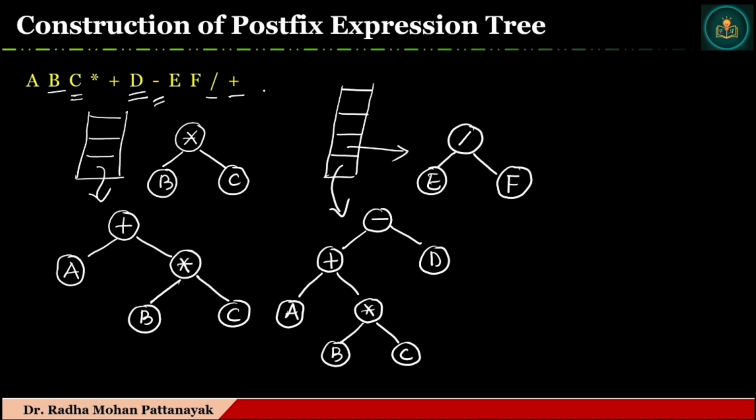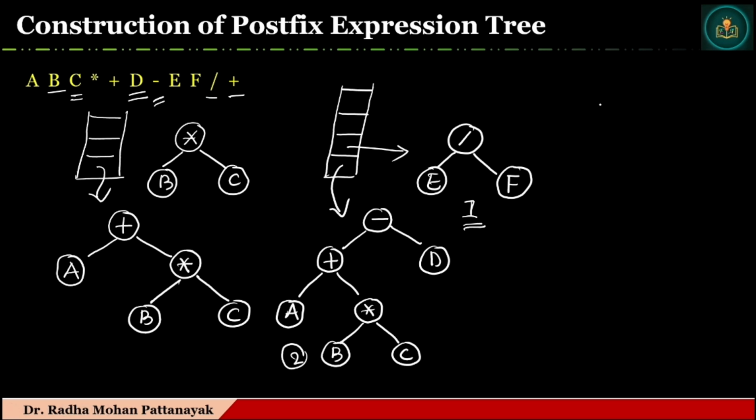Next what came? Plus. So when plus comes, what will you do? You will pop two operands from the stack and design a tree by taking these two operands and plus. Now if you see here, the two operands in the stack are this tree and that tree. This is your first operand, and this is your second operand. So with these two operands, you will design the tree.